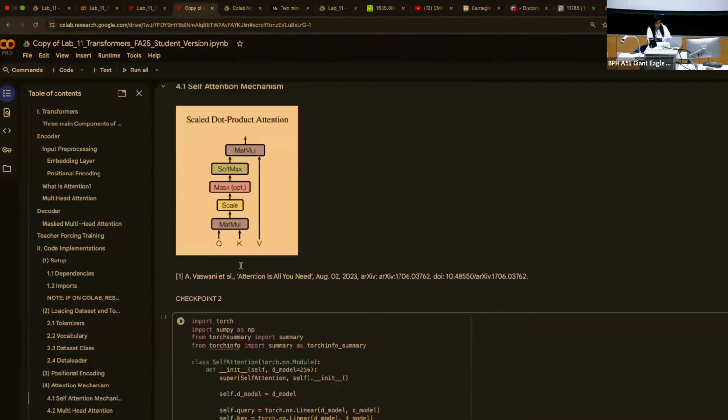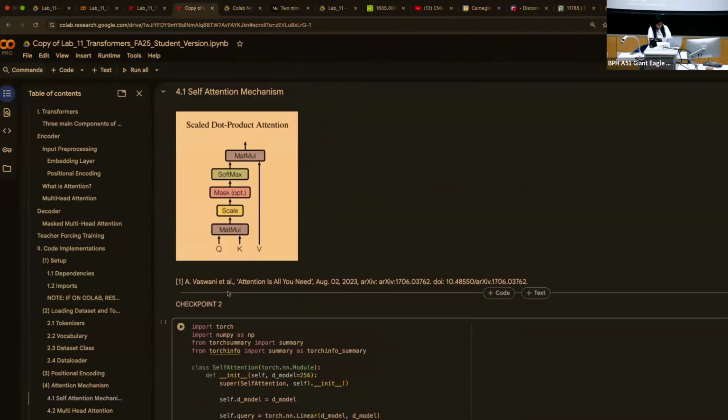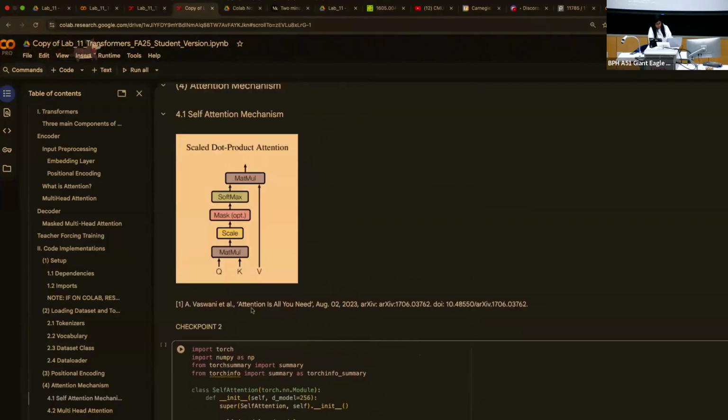Think about the computation that's being done in the self-attention mechanism block.